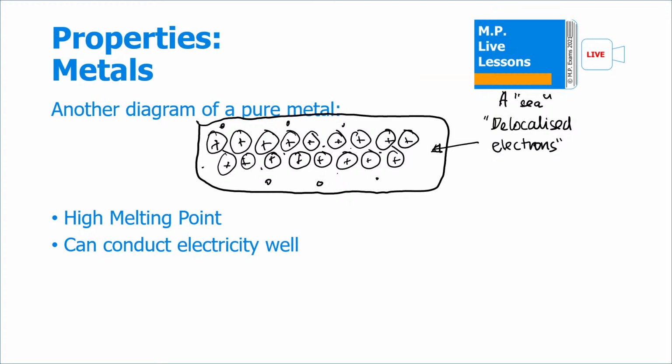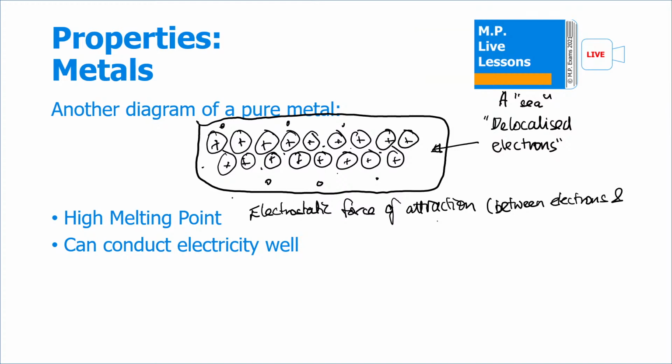Now, it has a high melting point because you have electrostatic force of attraction between electrons and the positively charged ion. So these are strong. And like I've said, they need lots of energy to overcome.